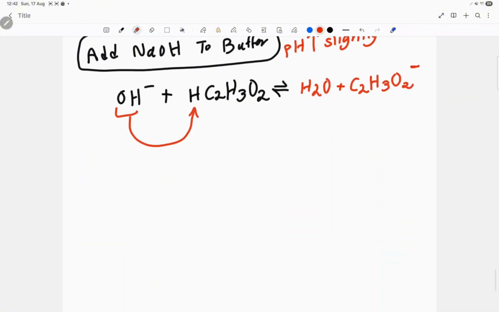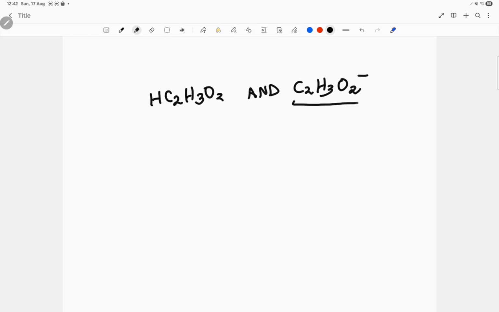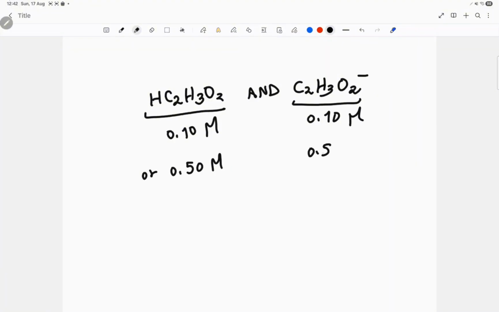Now, one of the things about a buffer is that the higher the concentration of its components, the better. For example, imagine if your buffer is made of HC2H3O2 and C2H3O2 negative. If they are both 0.10 molar, that's okay, but if they're both 0.50 molar, that's actually going to be better.